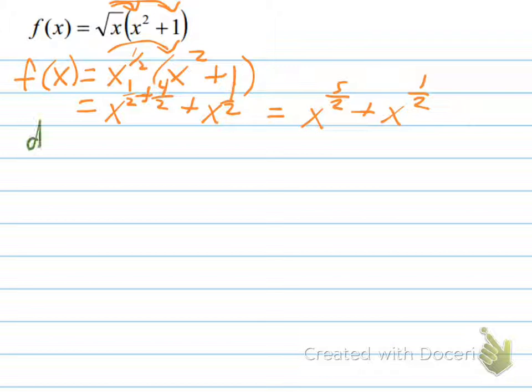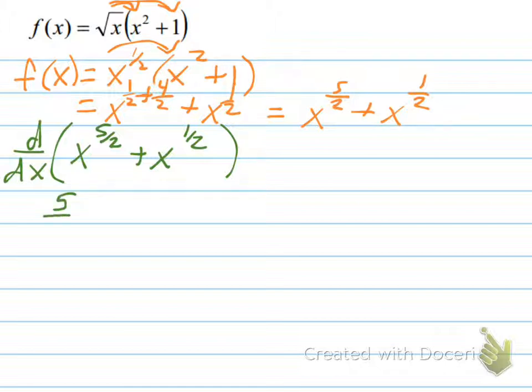So I want to take the derivative of x to the 5/2 plus x to the 1/2. I can take the derivative of both terms. So I'm going to actually now use my power rule, which says bring your exponent to the front and subtract your exponent by 1.